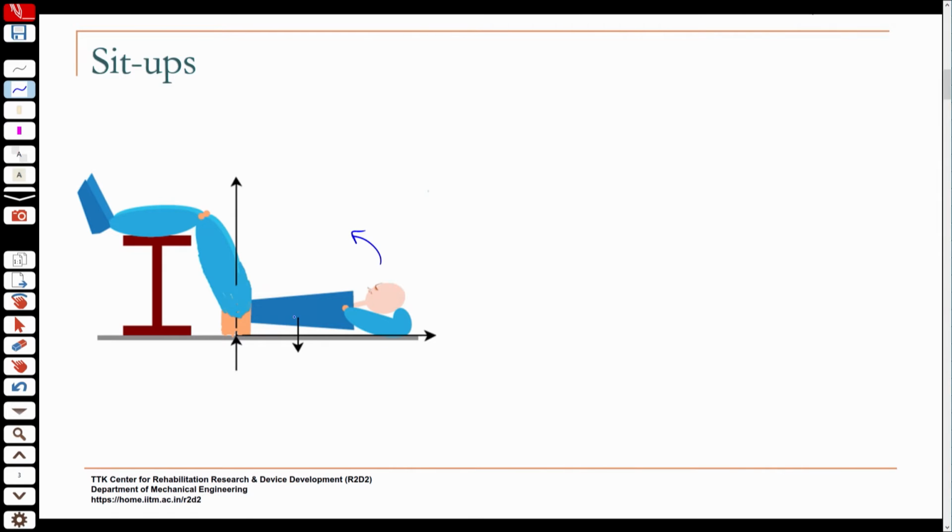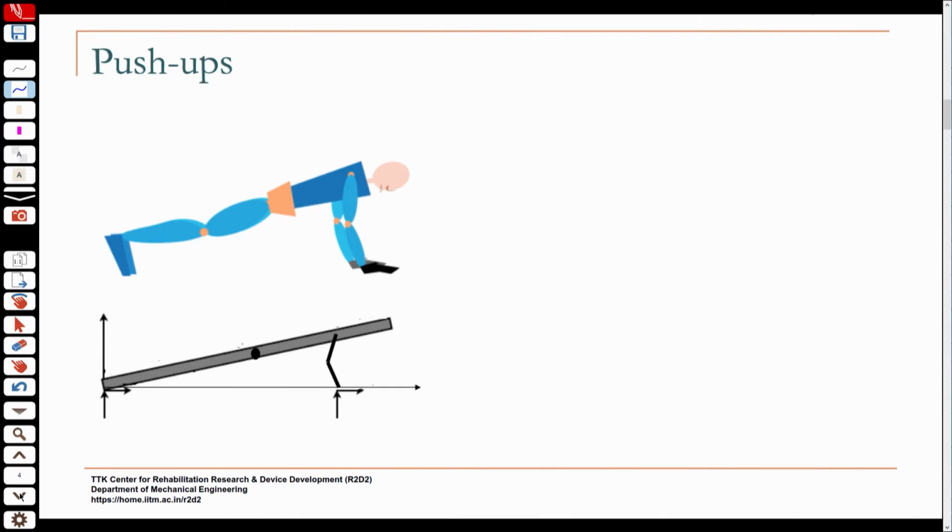We say this exercise is for strengthening the abdominals, and also the back muscles, because the back muscles will be your antagonists. If you do it properly, you usually stabilize the pelvis and you are supposed to lift your upper body and do this sit up.